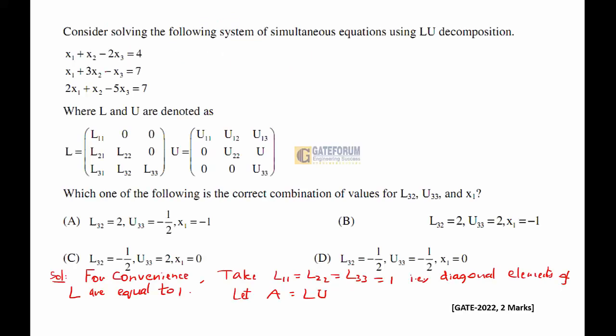So A is equal to 1, 1, minus 2, 1, 3, minus 1, 2, 1, minus 5. This equals L into U. In the previous slide L and U were given, but instead of the diagonal elements of L, we have to take ones.